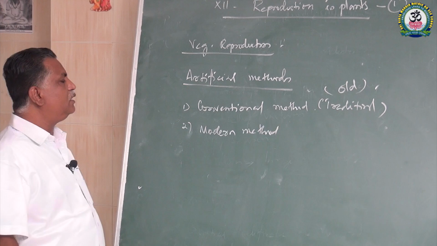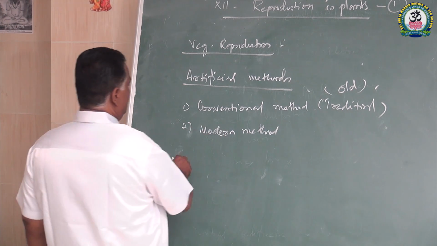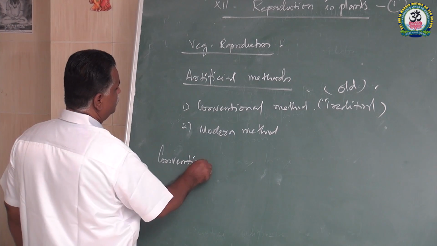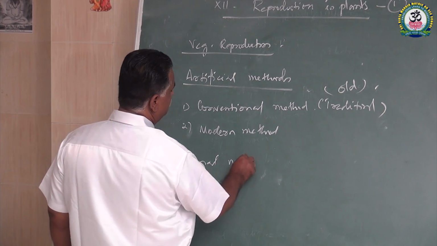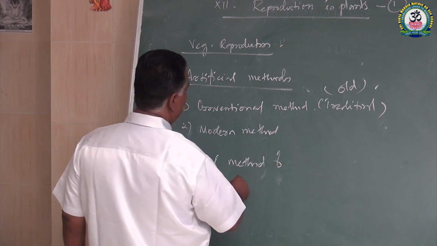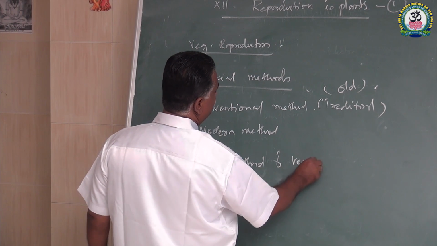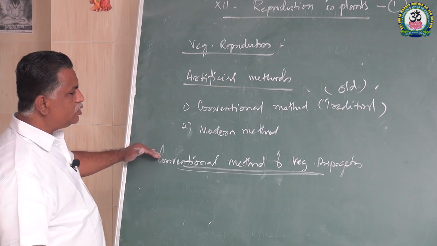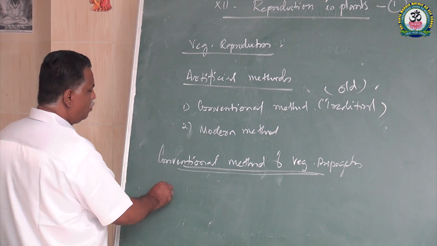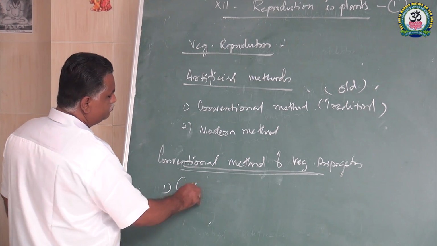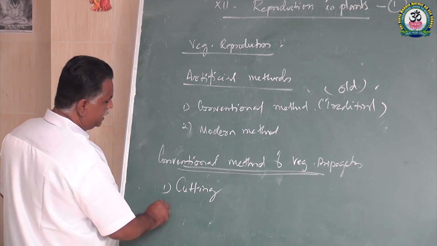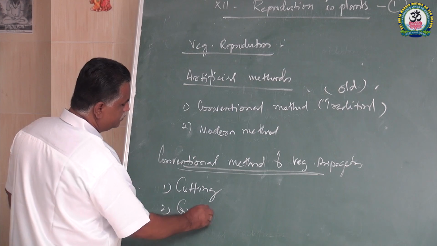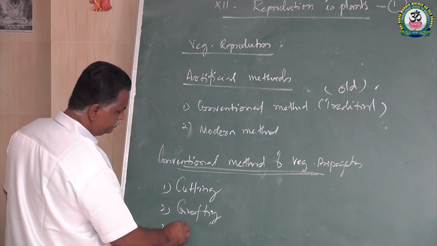In the conventional method of vegetative propagation, we have three methods. One is cutting, second is grafting, third is layering.